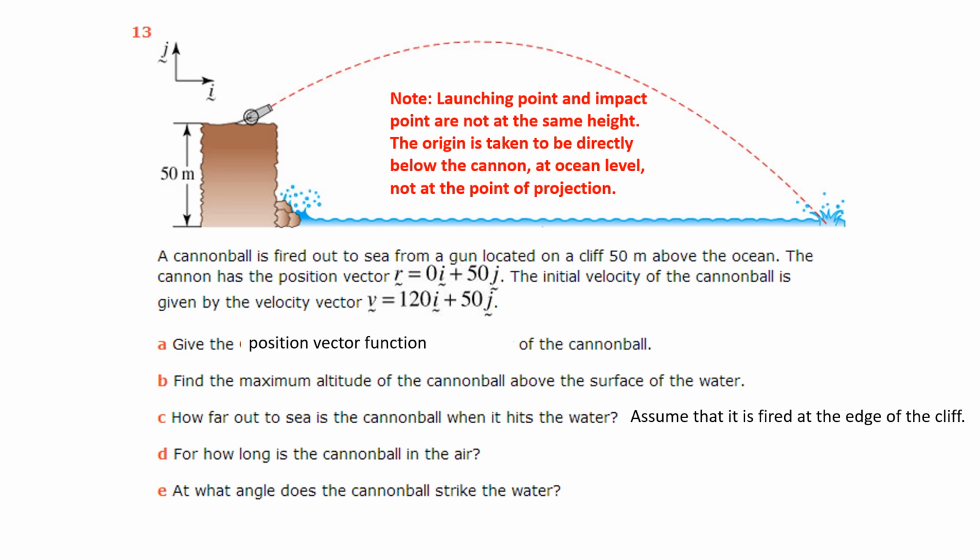So it's leading you into the origin, of course, being directly below the cannon, as you can see from the initial position vector at 0i plus 50j. So directly below that, the cannon at sea level would be the origin. So have a go at it. See if you can use your skills in vector calculus to come up with an answer.